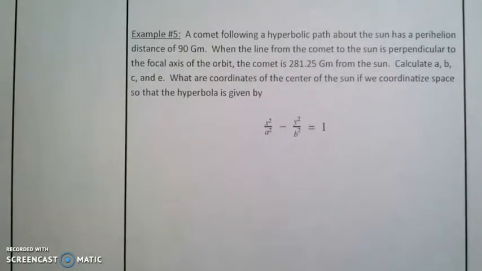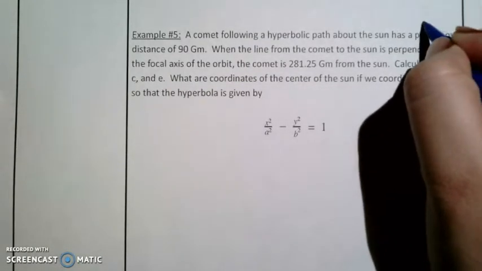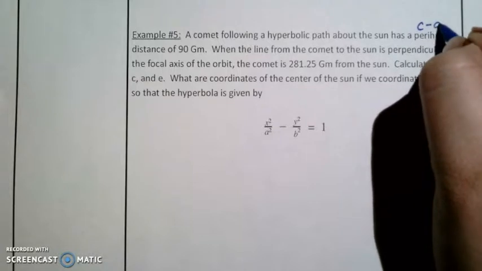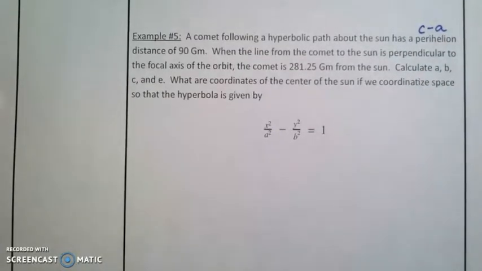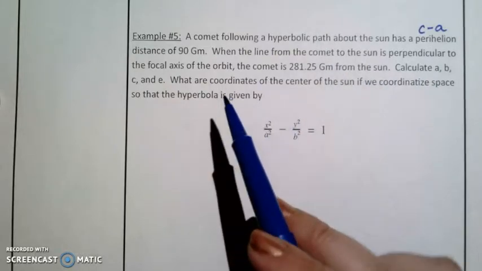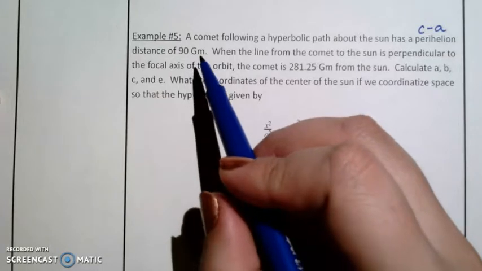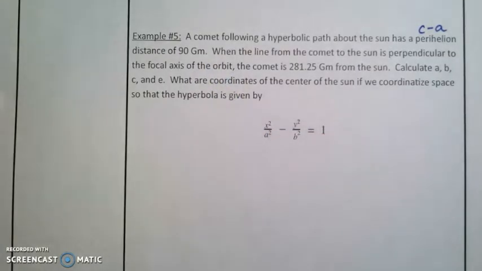In example 5, we're looking at a comet that follows a hyperbolic path about the sun that has a perihelion. What that means is the distance between the focus and the vertex. So the distance between the focus and the vertex is 90 gigameters. And gigameters, remember, are a unit that we used to measure the orbit of the Earth around the Sun.